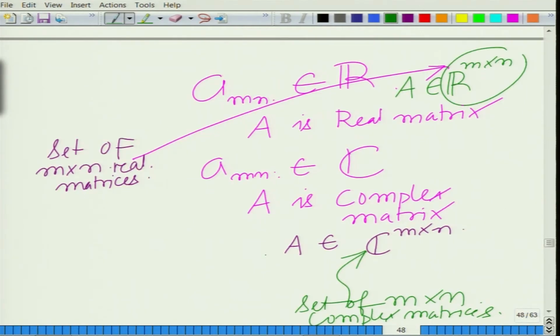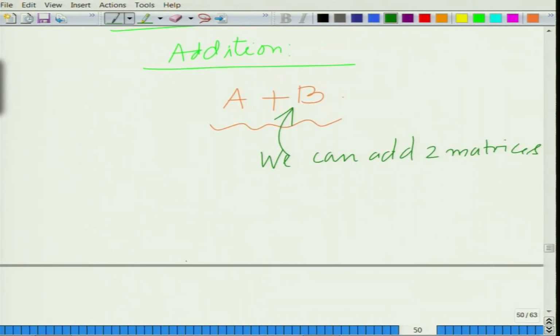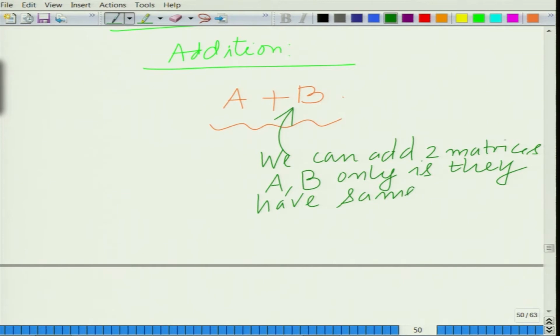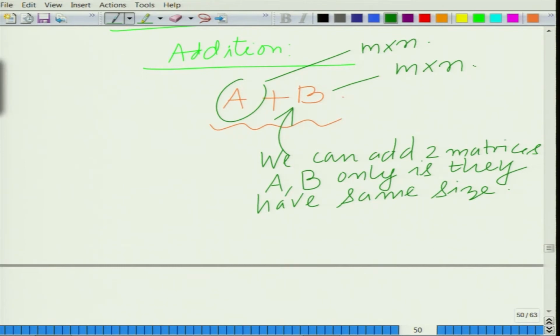We can add two matrices A and B only if they have the same size, or essentially the same dimension, that is A is M cross N and B is also. So, matrix addition is only defined when both the matrices are of the same size, otherwise you cannot add the matrices, and the addition is simple, you add them element wise, right.